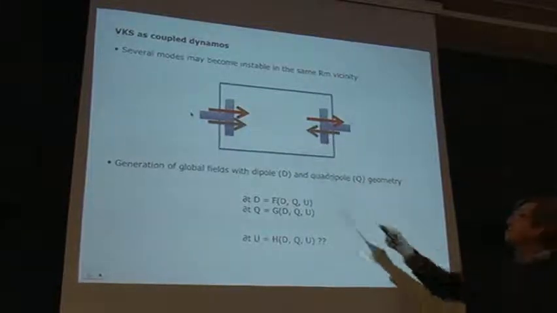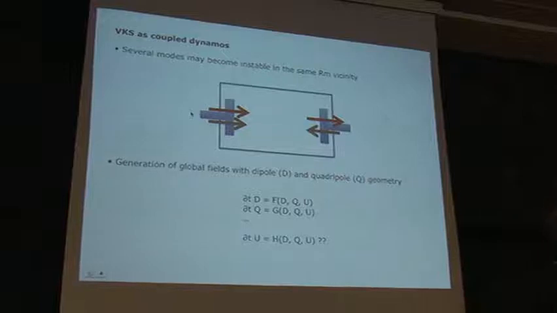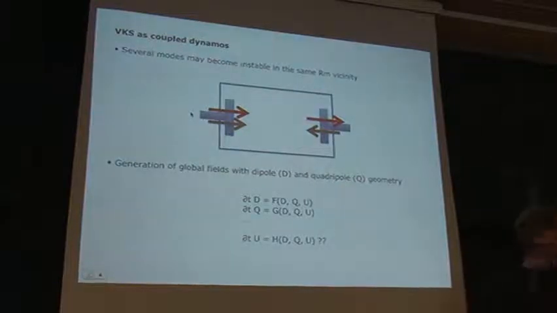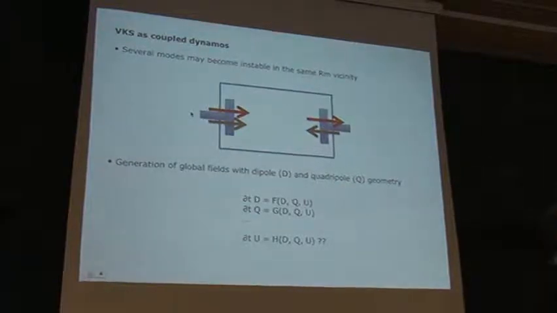Okay? If I generate the red, I call that the dipole. If I generate the brown ones, I call that a quadrupole. This is abusive, but this is what you feel like doing.